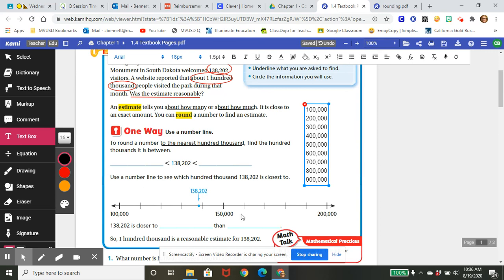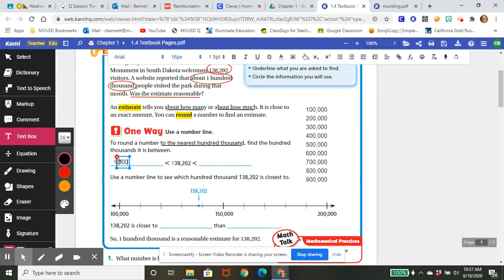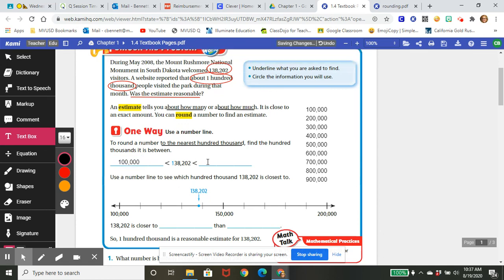Well, if we look at our number line here, it looks like it's between 100,000 and 200,000. So if I was counting up from 100,000, I would reach this number before I got to 200,000. Okay? So that's where I put it on my number line, between 100,000 and 200,000. So let's write that over here. 100,000 and 200,000.